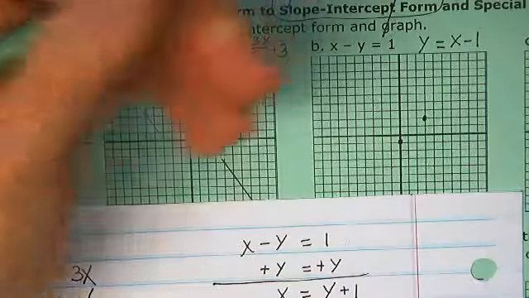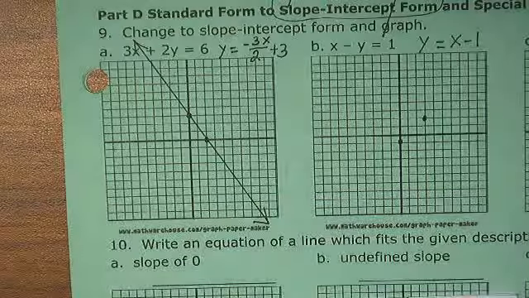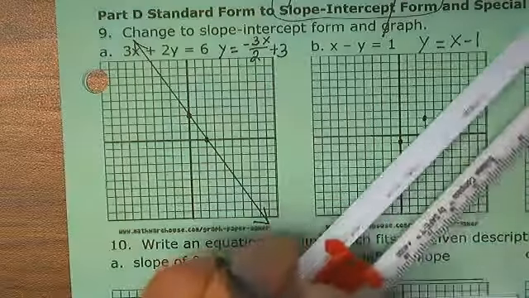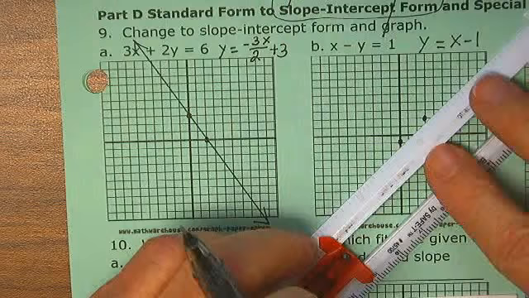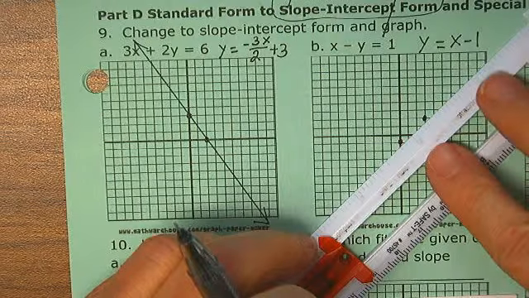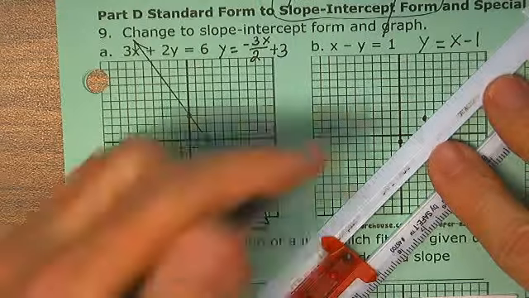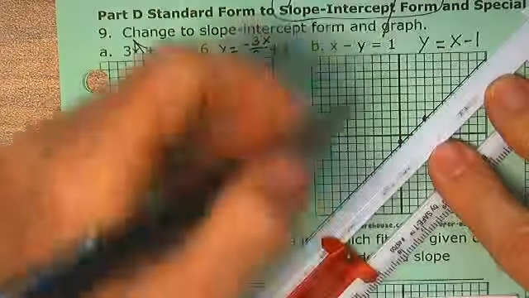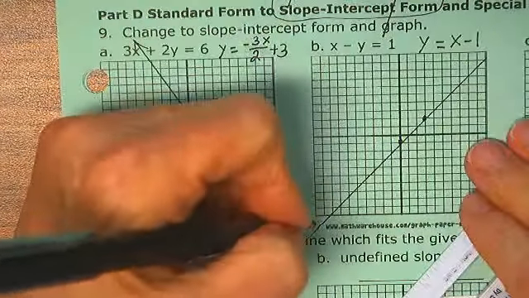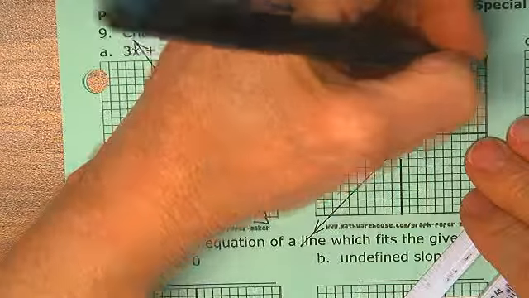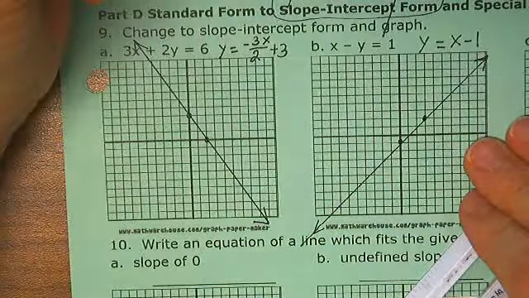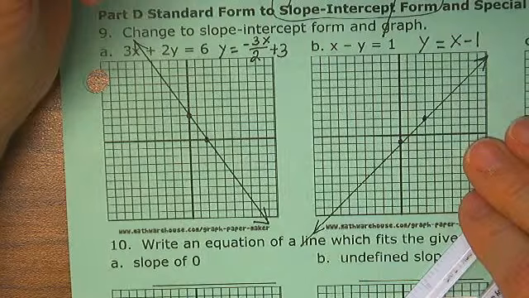The slope is 1. For every change in y, x goes up by 1. In the same way, for every change in x, y goes up by 1. And there is our graph.